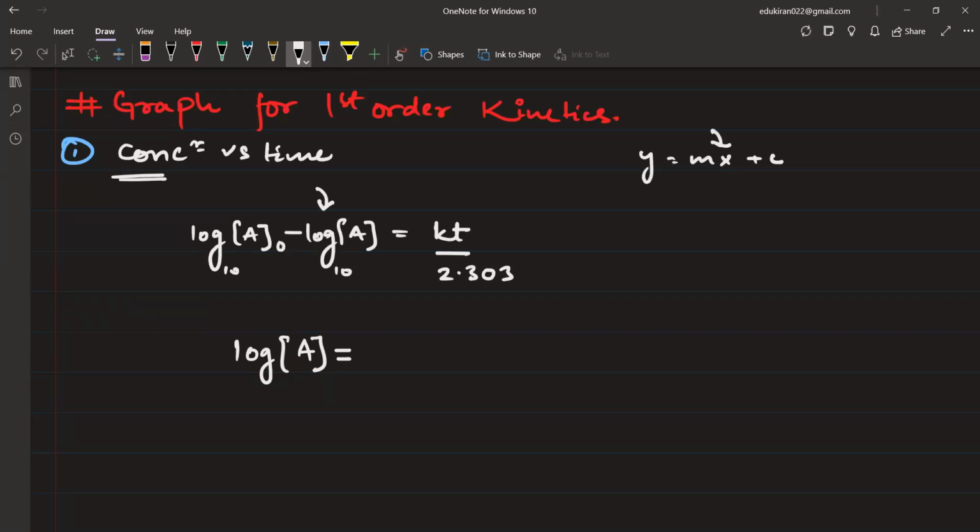So we will have this minus go here, and this will become minus kt upon 2.303 plus, and let me write it a bit more neatly: you have minus k into time plus c. C will be what? Log of A naught.